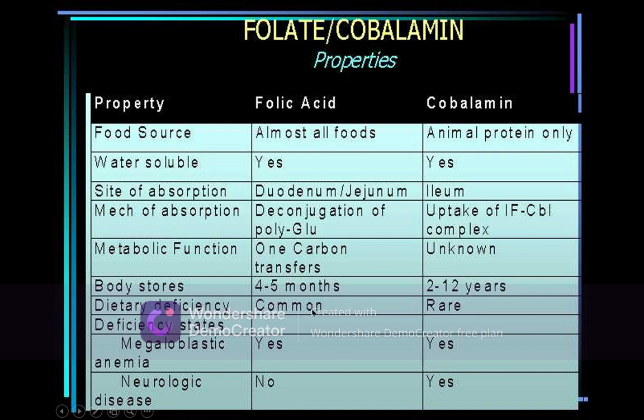Dietary deficiency is very common. In developed countries it is rare. But in Indo-Pakistan, cobalamin deficiency is common because meat products are very, very costly. Number one, or two, because among the Hindus, most of them don't like to take cobalamin from the animal source as far as their religious belief is concerned.